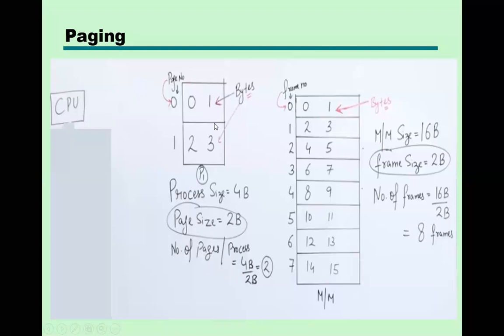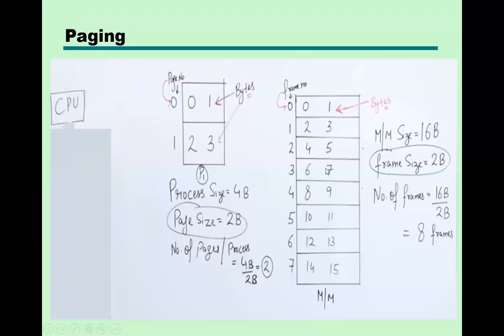Similarly, for example, there is another process whose size is 16 byte. As per our definition, we have to divide this process into equal-size pages and add them into the memory.